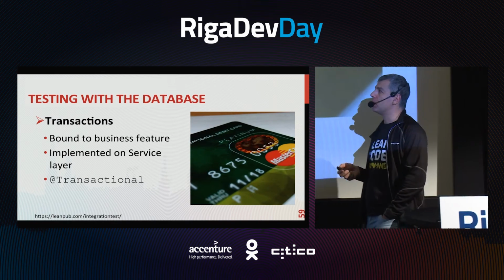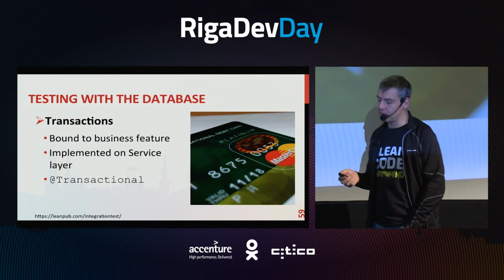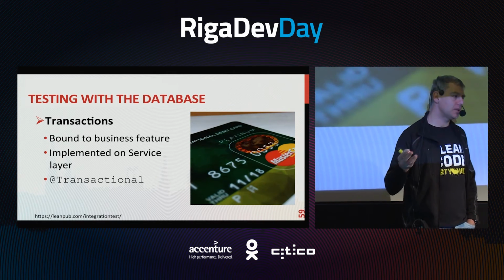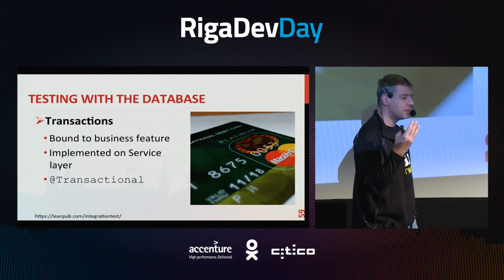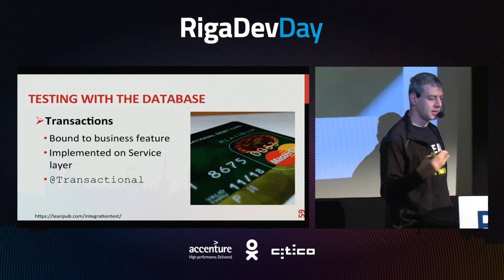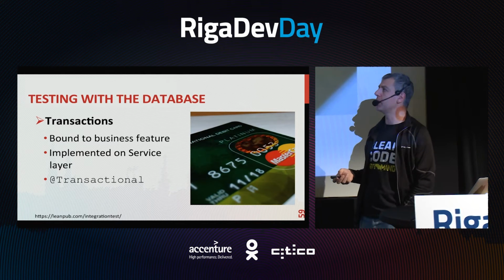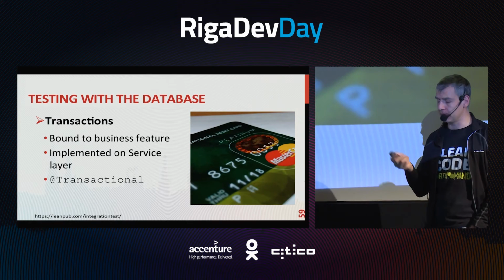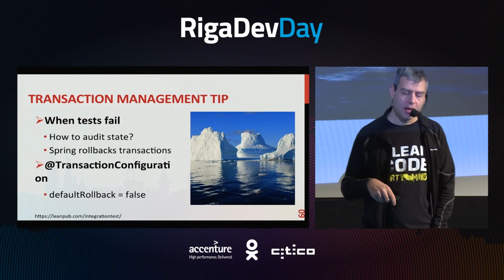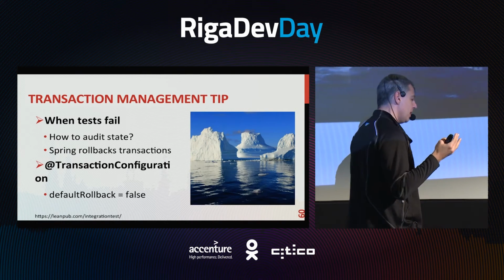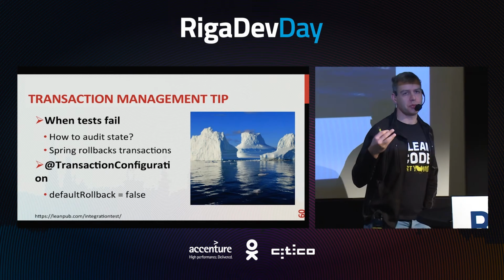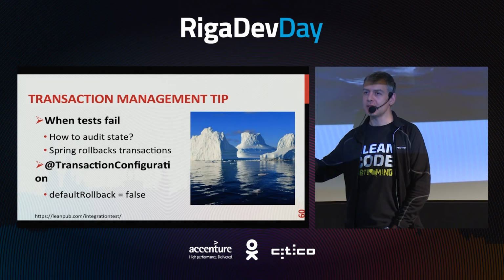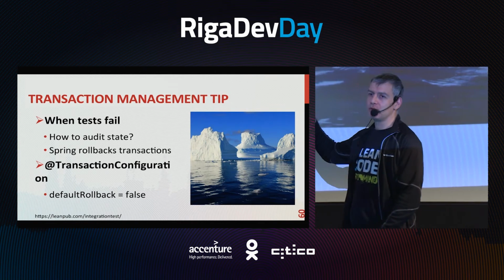Stuff that can go wrong with Spring are the database transactions. Transactions are generally bound to business features, like when you do a credit card transaction or when you want to transfer money. So they are implemented on the service layer using the Transactional annotation. The problem, or not so much the problem, is that the Spring designers were trying to be smart. So after the test, the transaction is rolled back.